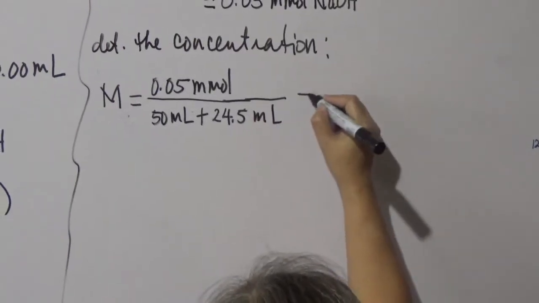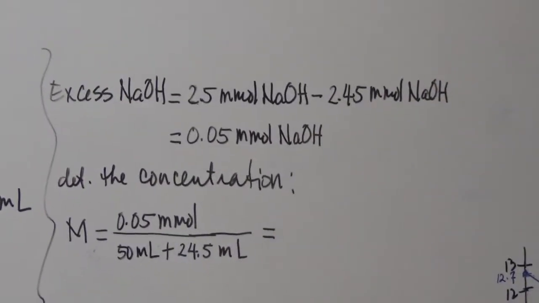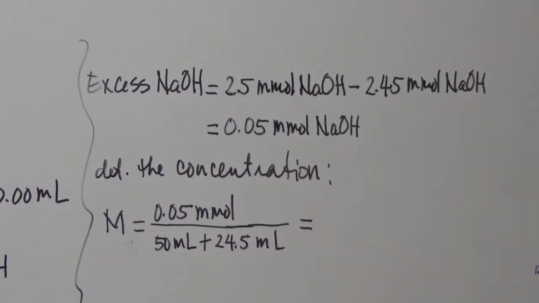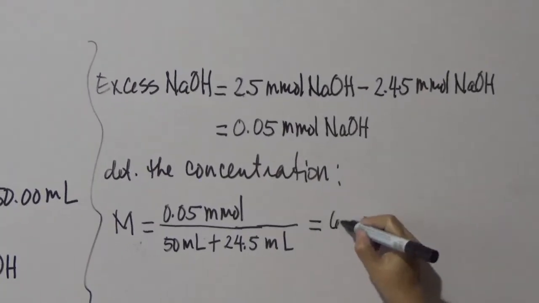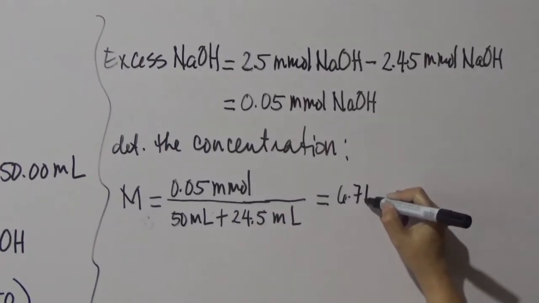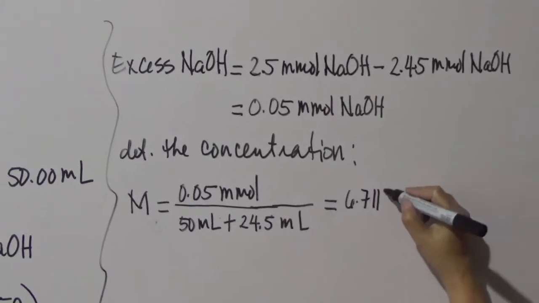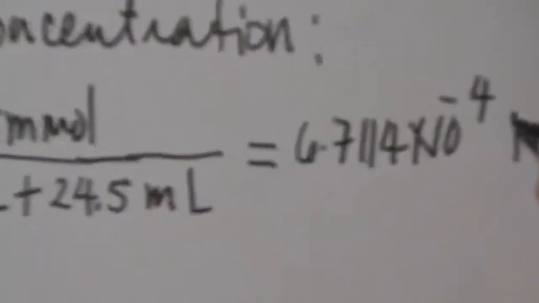So therefore, the concentration of the solution in the flask is 0.05 divided by 74.5. That is 6.7114 times 10 to the negative 4 molar.